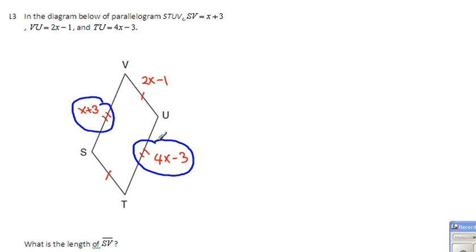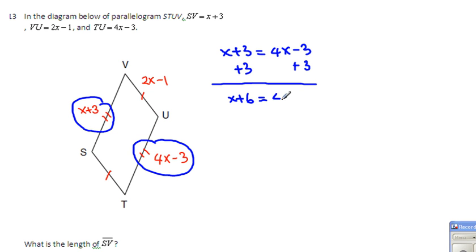Now, using that, we can set up the equation. x plus 3 must be equal to 4x minus 3. Now, by adding 3 on each side, we would have gotten x plus 6 must be equal to 4x. Now, by subtracting x from each side, we would have gotten 6 equals 3x.